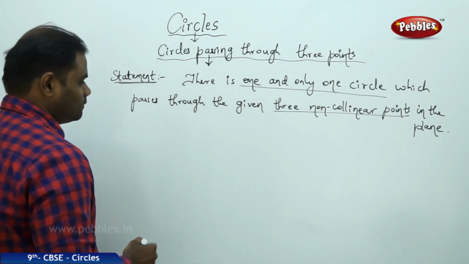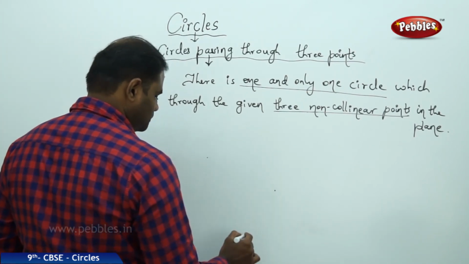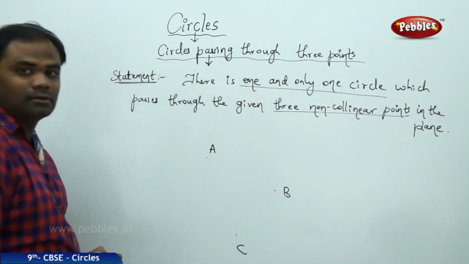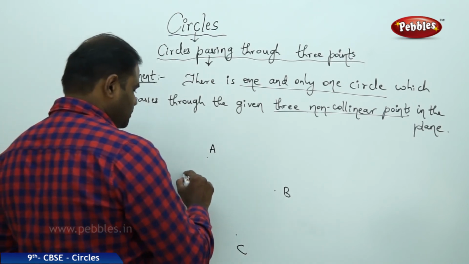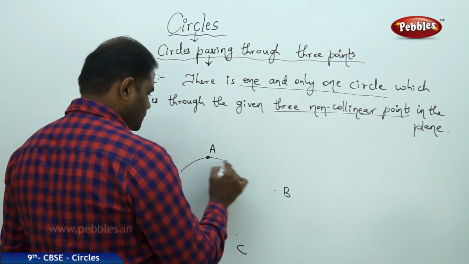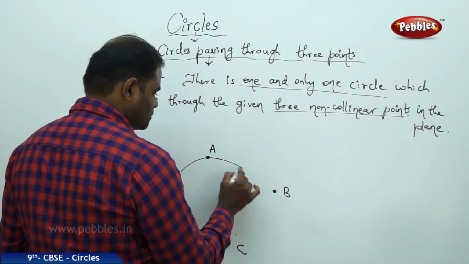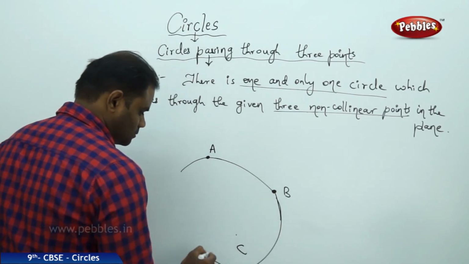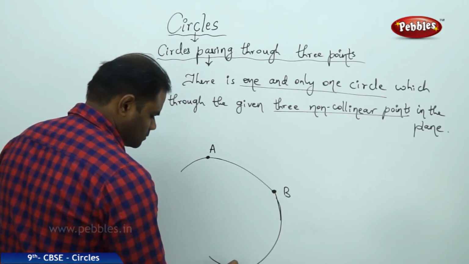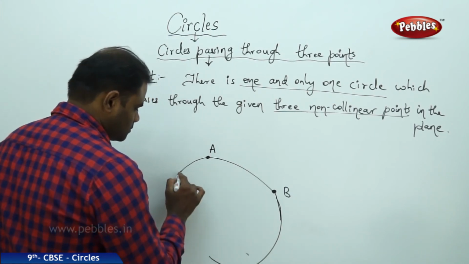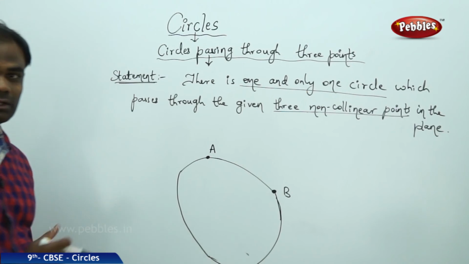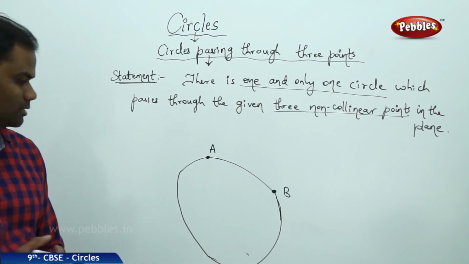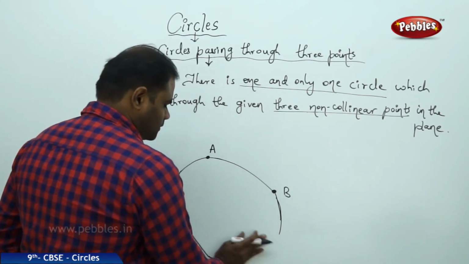That is, if I have three non-collinear points in the plane which are fixed, then the theorem says that there is only one circle which can pass through these three non-collinear points. That is how we understand the property.